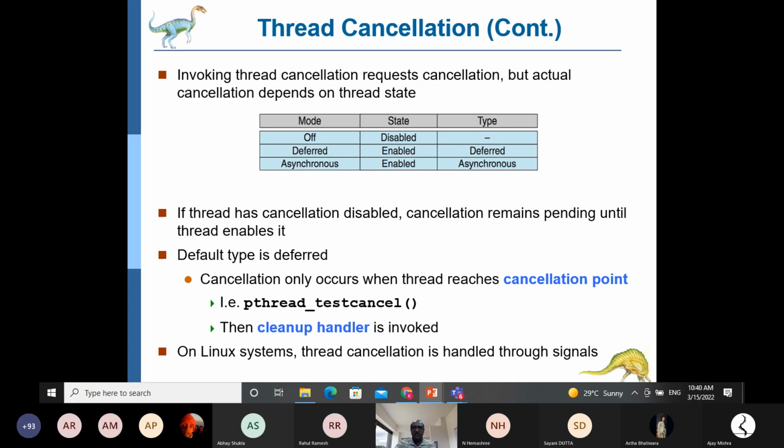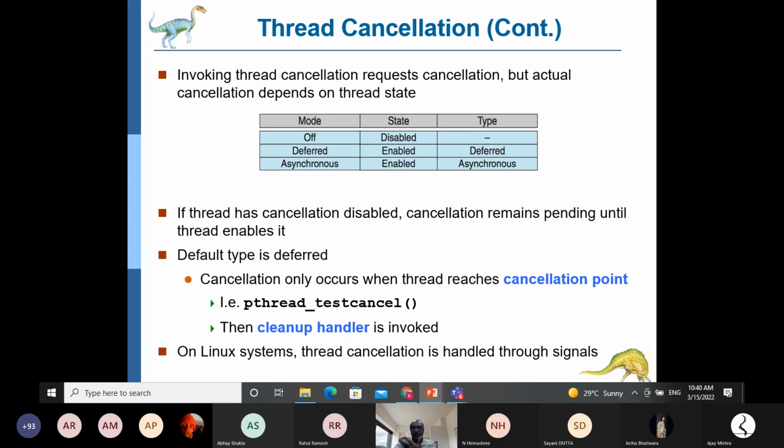If there is a request, it will invoke the cleanup handler, so whatever resources are attached will be detached from that thread, and at a safe point the thread will be cancelled. So for thread cancellation, there are two modes: one is the deferred mode, the other is the asynchronous mode. And the problem is that asynchronous mode has a problem.